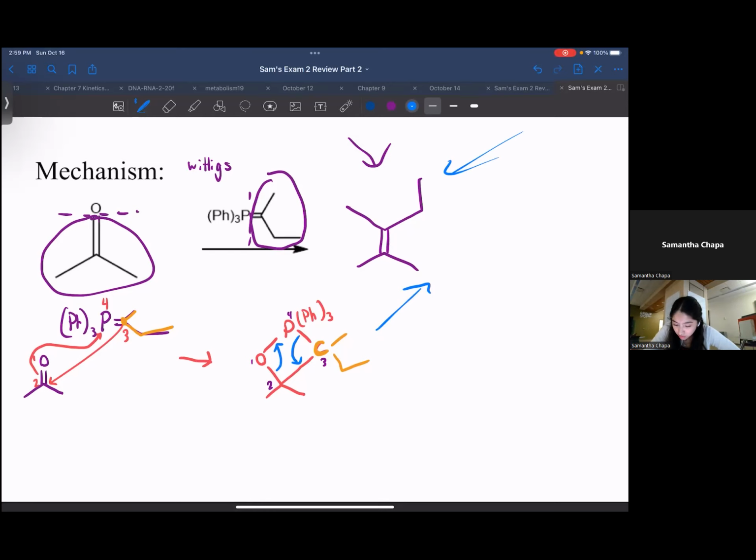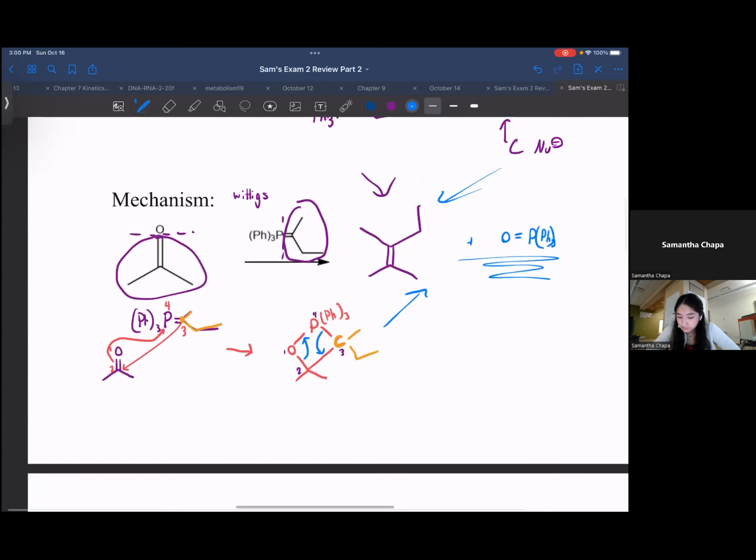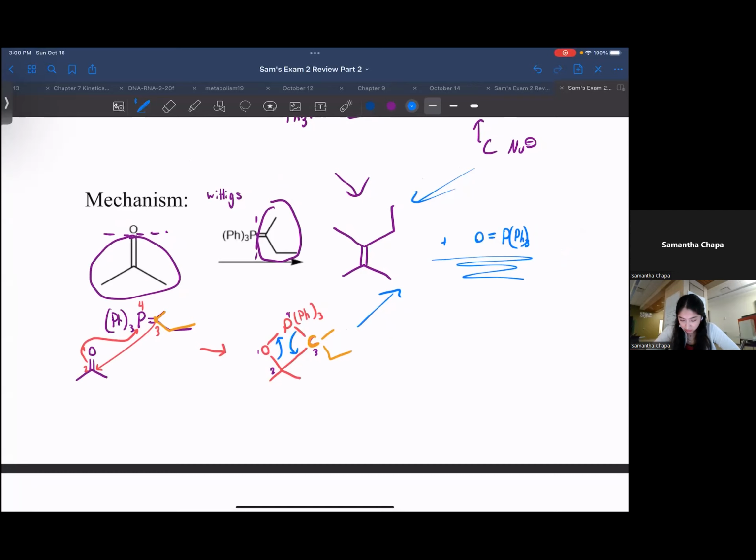And then I'm going to draw the byproduct of this reaction. You won't need to write this in your mechanism, but this was just so you could see how the arrows worked for this reaction. Yeah, looks good.